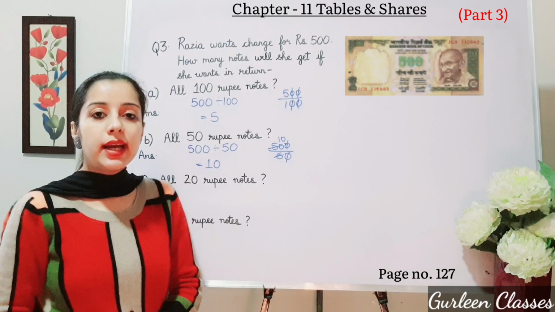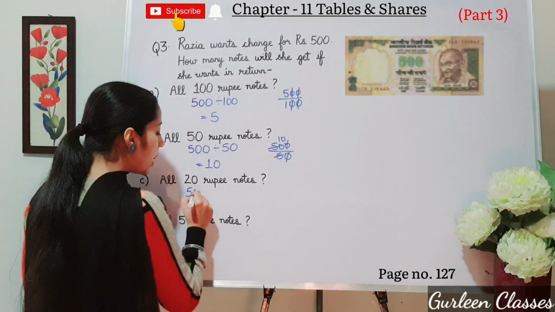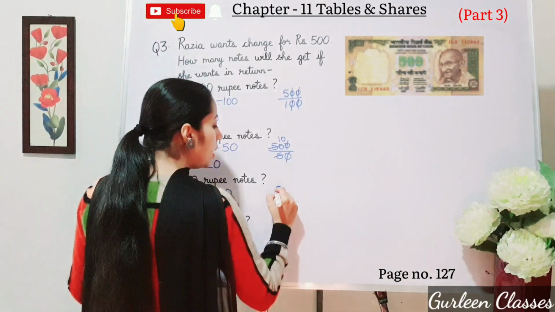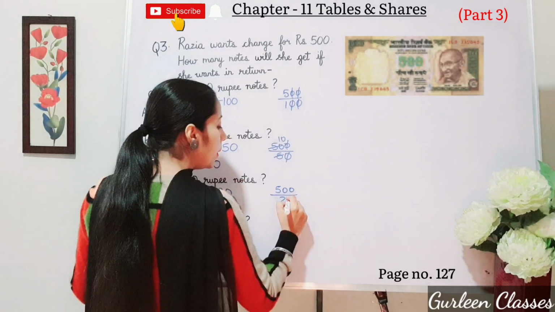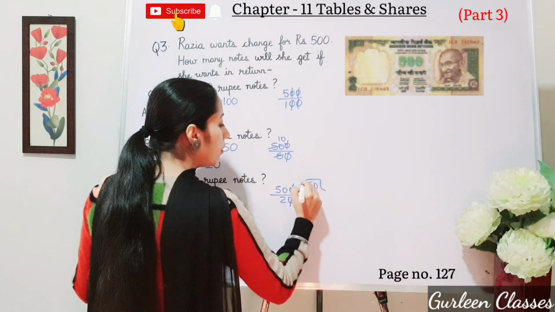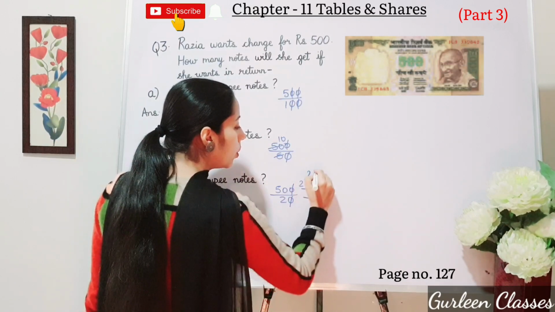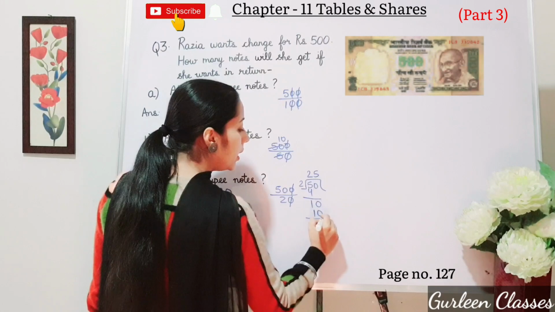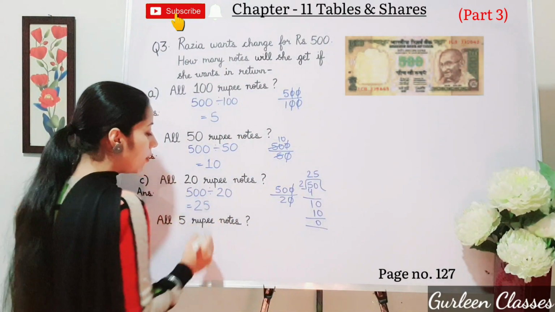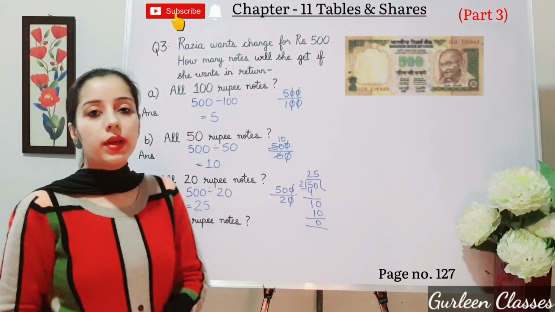So here we will divide 500 by 20. 0, 0 cancel. So 50 divided by 2. 2 2s are 4. 1 0. 2 5s are 10. Remainder is 0. So answer is coming 25. So Razia will get 25 notes of 20 rupee.